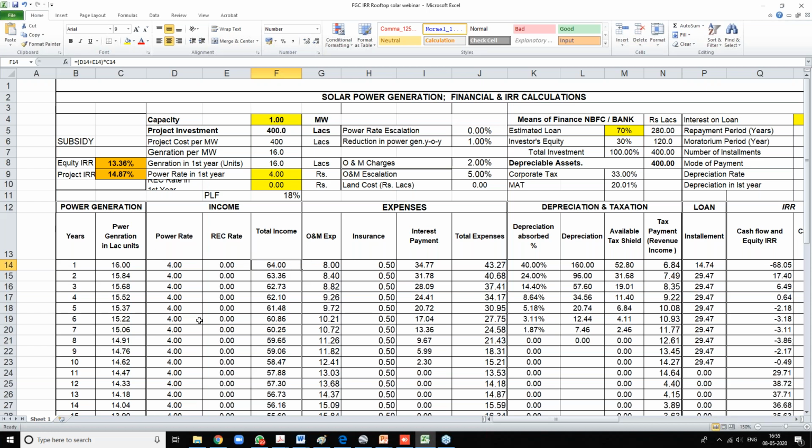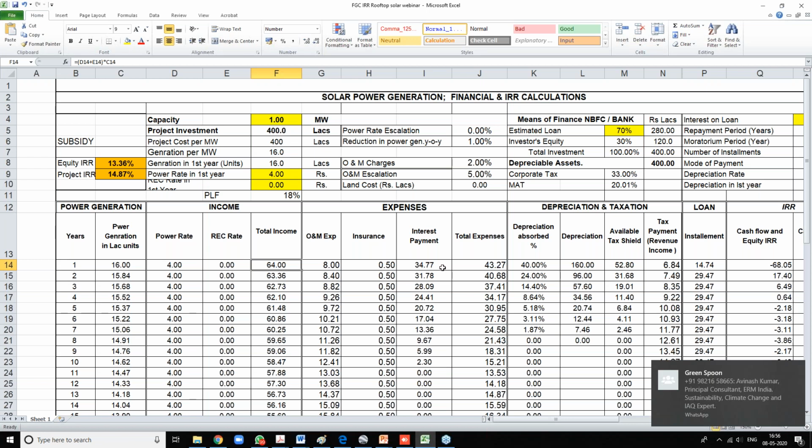So this is your income sheet. Year on year, you can see your generation is degrading by 1% every year, so your revenues are also reducing. The O&M expenses are increasing by 5% per year. It starts with 8 lakh per year, and gradually it keeps increasing by 5% per year.